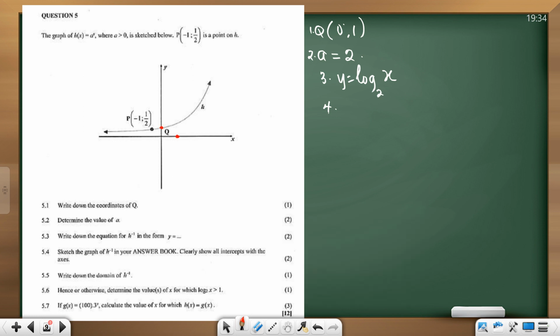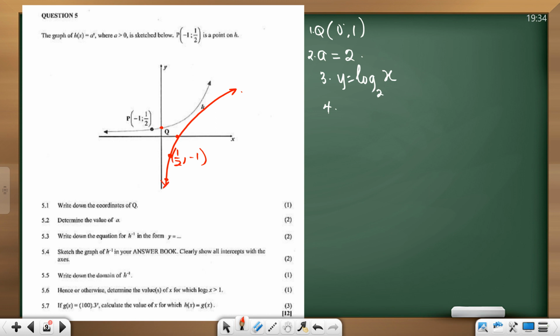A 1 and 0. The graph is moving towards the negative x. Half and negative 1, and negative 1.